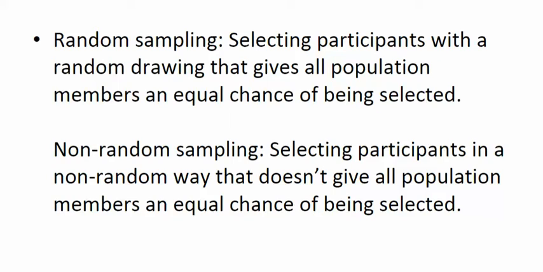But there are strategies to try to minimize non-response, and we're not going to really get into those in our class, but non-response is always an issue. When you do a survey study, you're bound to get at least some people not responding.